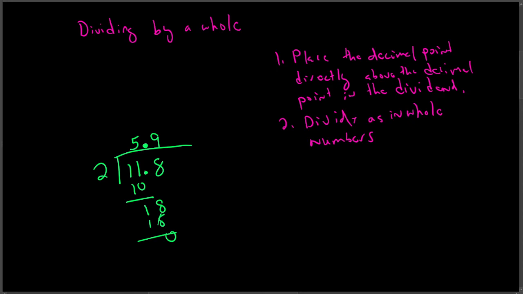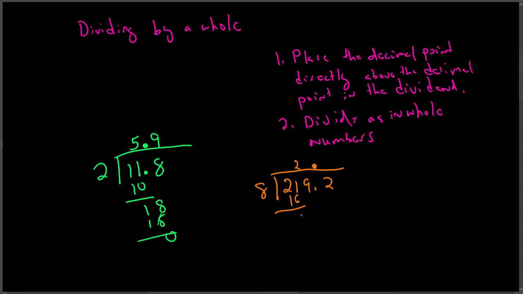Let's look at another division with a whole number. So let's say 219.2, and we're going to divide it by 8. So the decimal place goes directly above. 8 can't go into 2, but it can go into 20 2 times. 2 times 8 is 16.